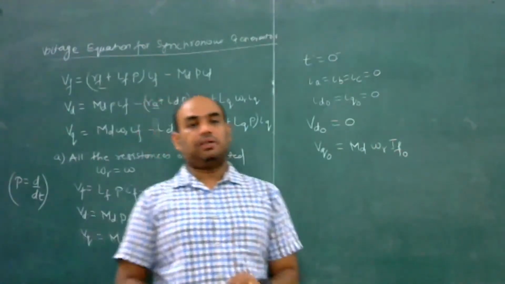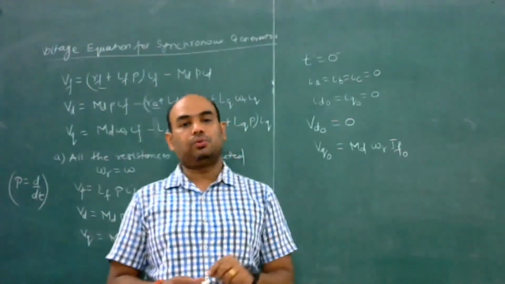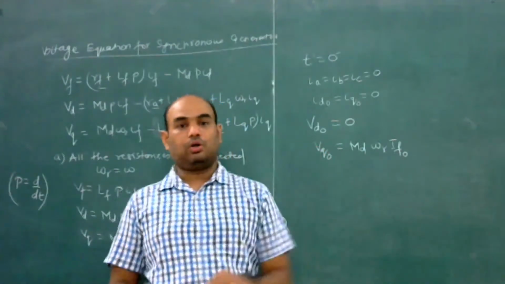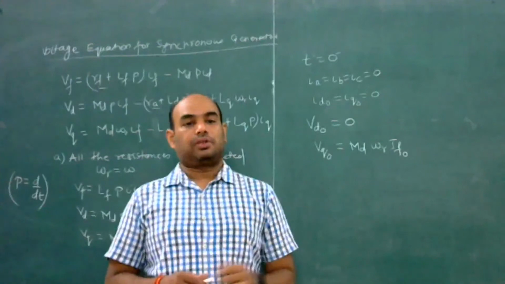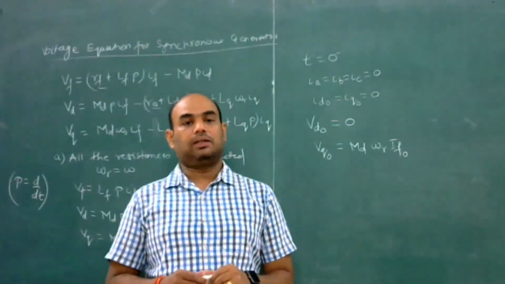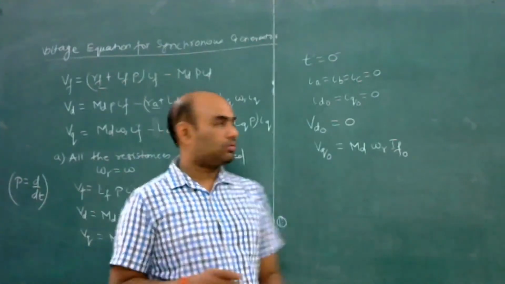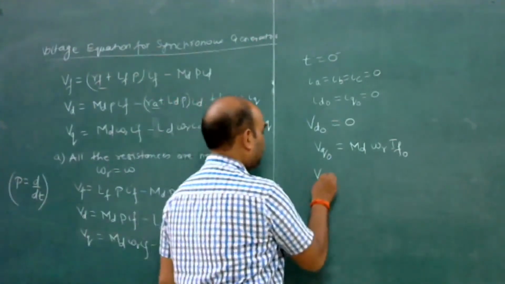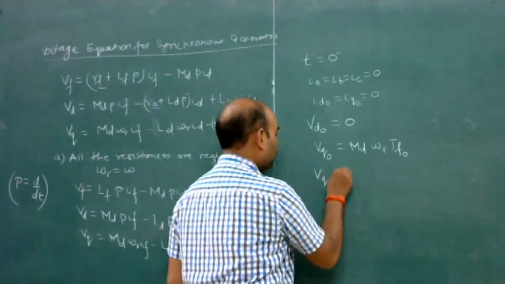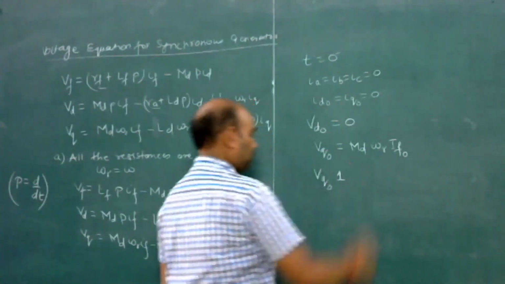Thus the effect of short circuit is to reduce Vq suddenly to 0, and it can be taken as a small step voltage. So this can be written as Vq naught into 1.